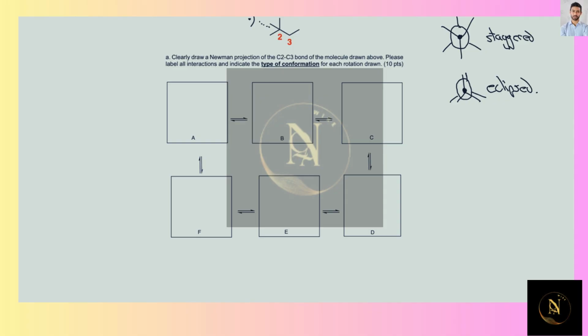Within these configurations, we can have interactions that are called gauche interactions, which are the ones in between sections of the molecule that are going to be 60 degrees from each other. And we are also going to have anti-interactions, which come from, I'm going to use this guy and this guy as example, which are sections of the molecules whose substituents are on opposite sides.